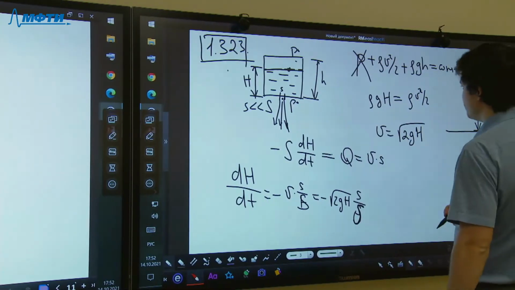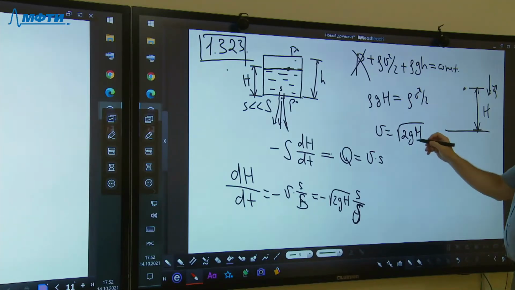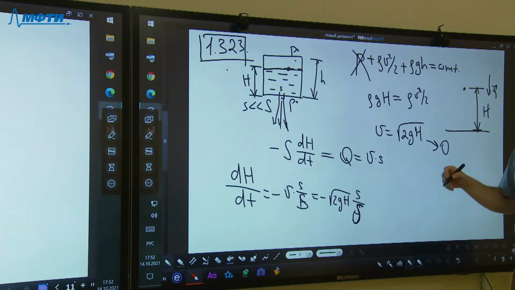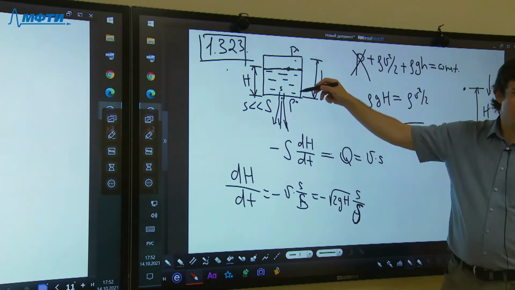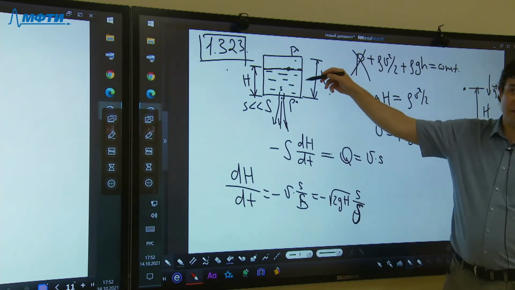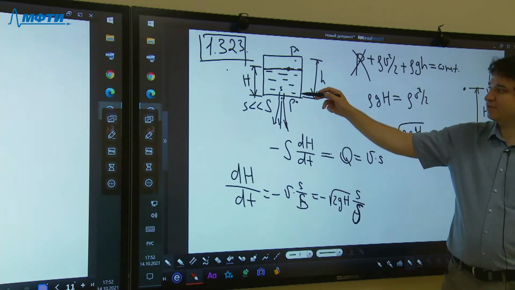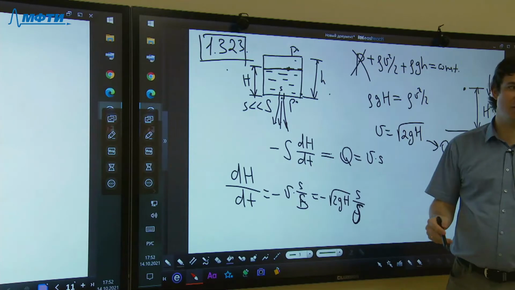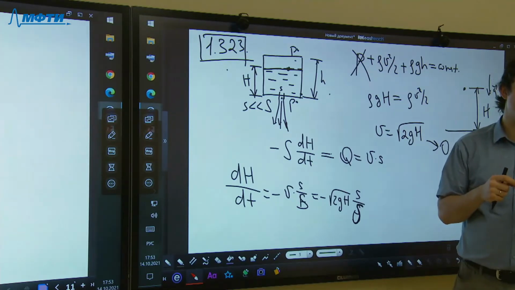Okay, and also please note that according to this equation, the velocity or the speed approaches 0 as the level of the liquid decreases. So it makes you wonder that if the level of the liquid is very small, it also leaves the vessel at a very small rate.